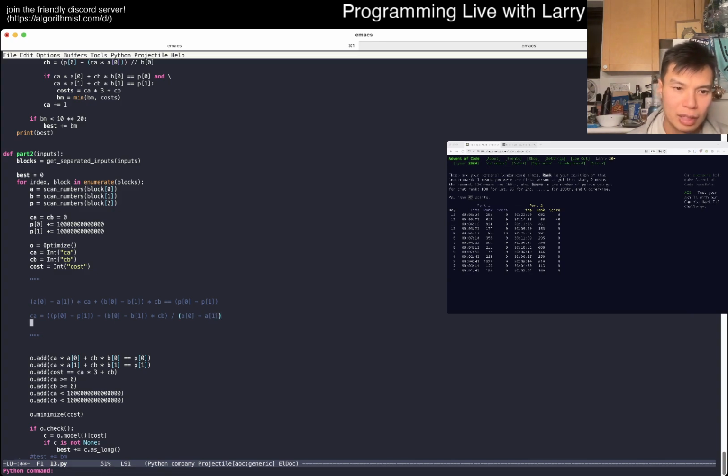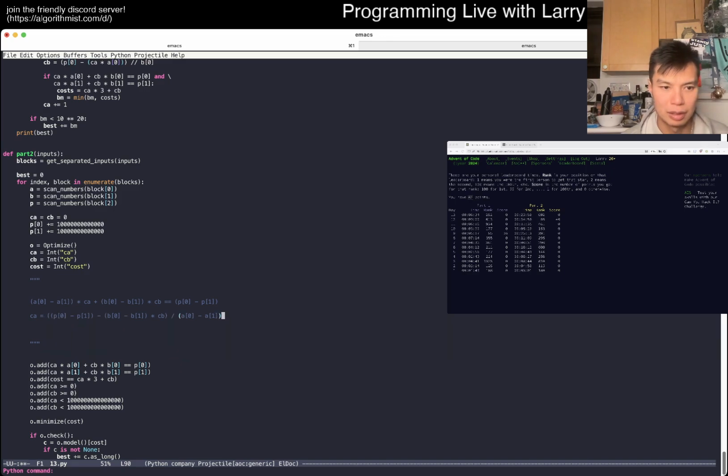So that you have this, and then you have CA times 3, so this times 3 plus CB is equal to some cost that we're trying to minimize. I don't know how to do this immediately, without using a solver. I think if I prepped up on solver, this is actually like a 2-minute problem.